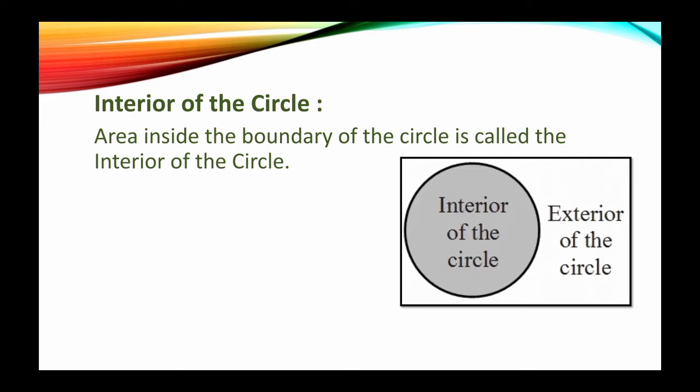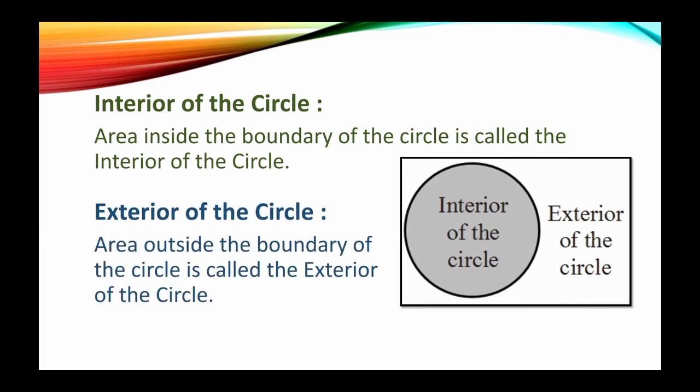Now the exterior: the area outside the boundary of the circle is known as the exterior of the circle. The space surrounded by the circle, outside the circle, is the exterior.